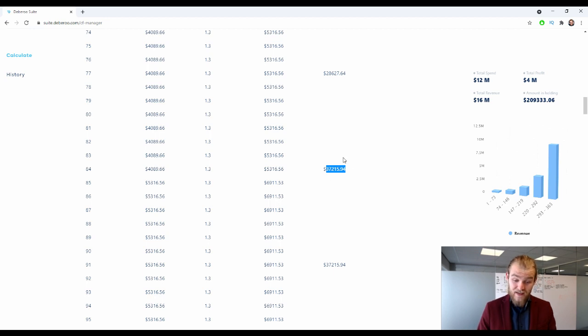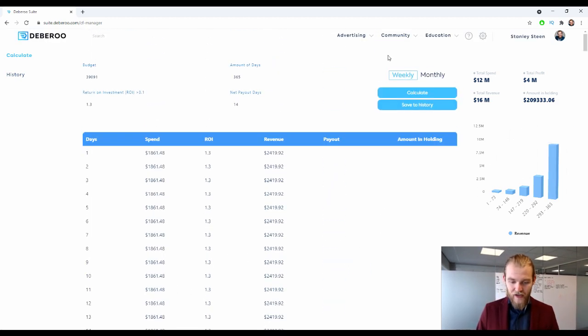So if we separate this one more time by 7 days, we go to a daily spend of $5.3 thousand, and then we would have a revenue of $6,911.53.